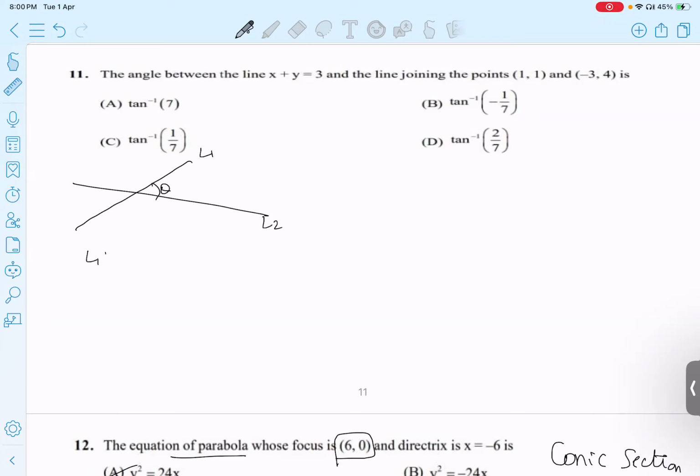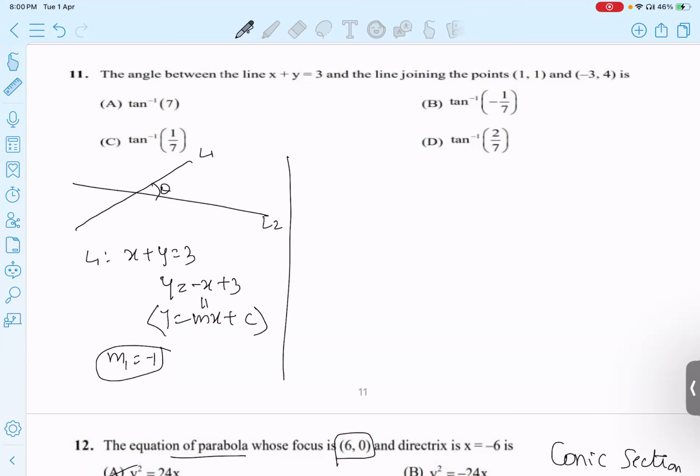They have given one line equation, that is x plus y is equal to 3. I can rewrite this as y is equal to minus x plus 3. This is in y is equal to mx plus c form, equation of a line. If I compare these two, we get one of the slopes as minus 1. Similarly, they have given one more line which is passing through the 2 points, 1 comma 1 as well as minus 3 comma 4.